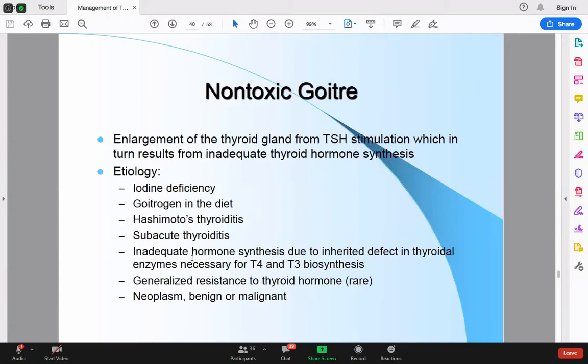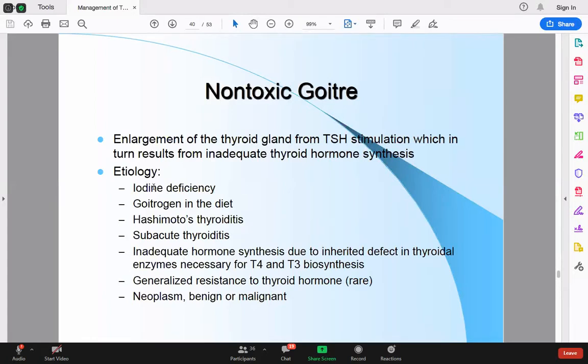Okay, last but not least, non-toxic goiter. Basically, you have an enlarged gland from TSH stimulation, which is the result of inadequate thyroid hormone synthesis. So the TSH is just trying to push the gland to release more thyroid hormone.